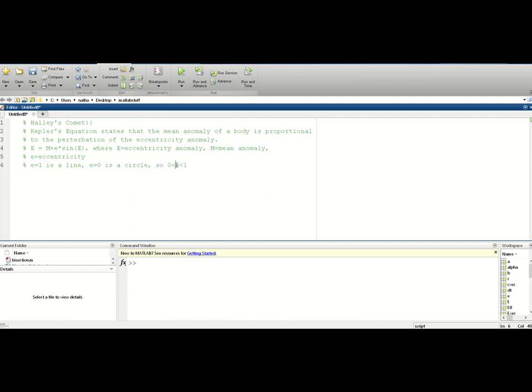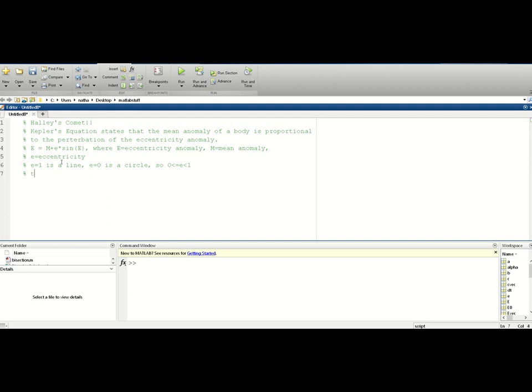It could be 0 and equal to... so if it's 0, it's a perfect circle. If it's 1, it's a line. Then we don't really use it. So I don't really go up that high. So some of them are going to have high eccentricity. Some of them are going to have very low. And with a comet, you're going to have higher eccentricity. Like the Earth is almost a 0. But I mean, we're going to start heading this direction for a little bit of interest.